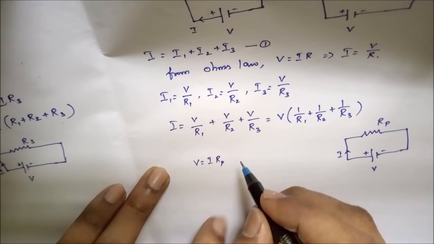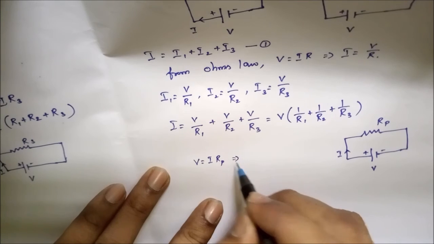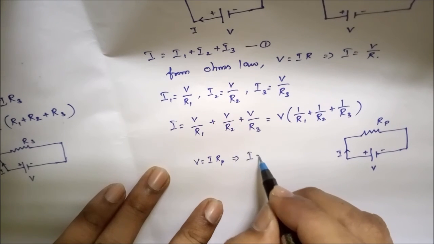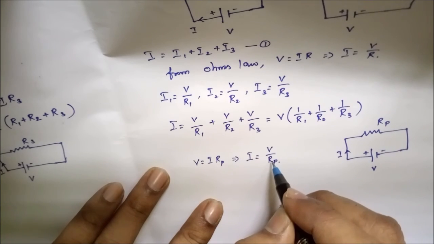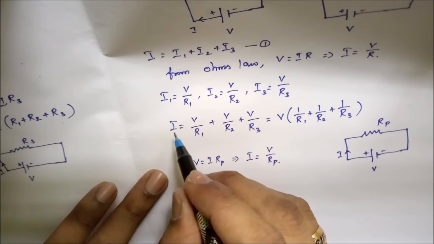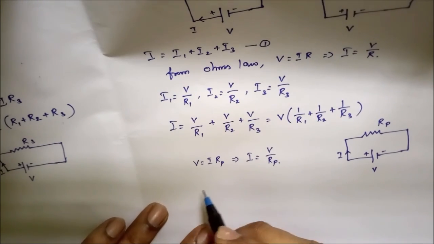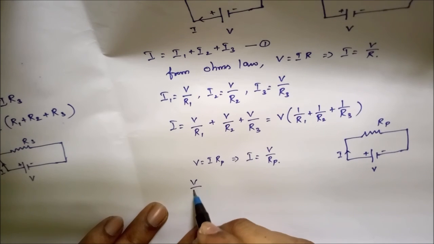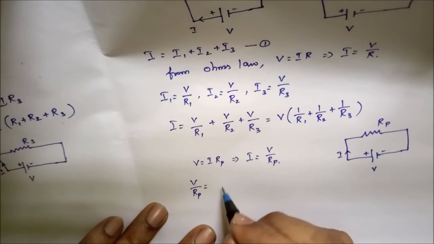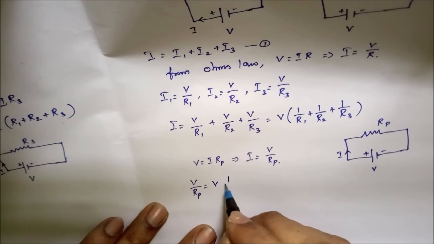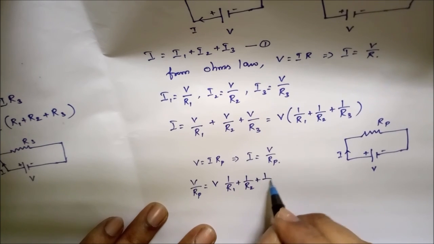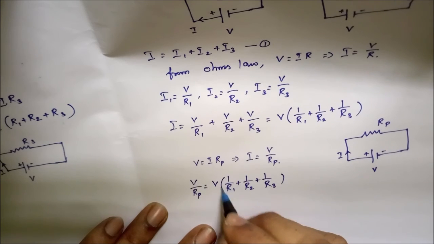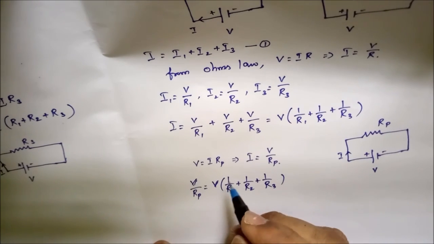Therefore I is equal to V divided by RP, and now this value we have to substitute here. If you substitute, you will get V divided by RP is equal to V times 1 divided by R1 plus 1 divided by R2 plus 1 divided by R3, and here V gets cancelled.